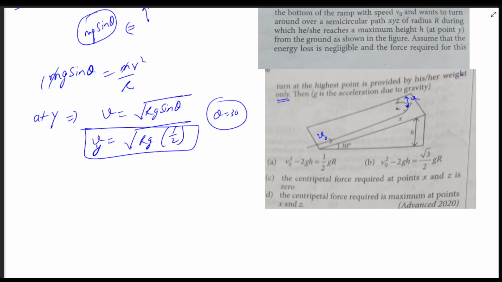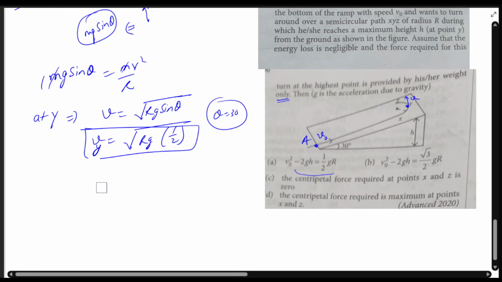Now this must come from the energy equation. So let's say this is A and this is Y. We write energy conservation: total energy at A equals total energy at Y. Or simply we can write the work energy theorem.